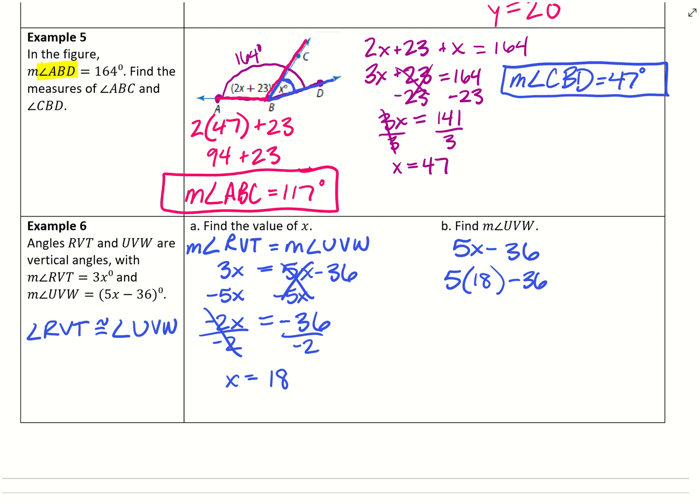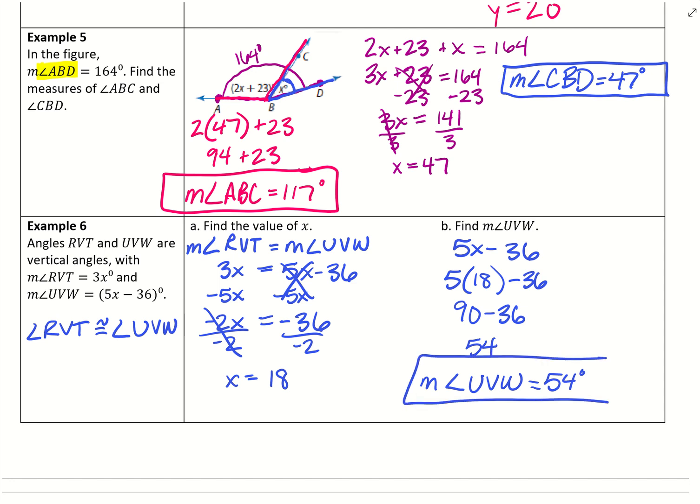So I have 5 times 18, which is 90. 90 minus 36 is 54. Okay, so let's put measure of angle UVW equals 54 degrees. And that is it for example 6.